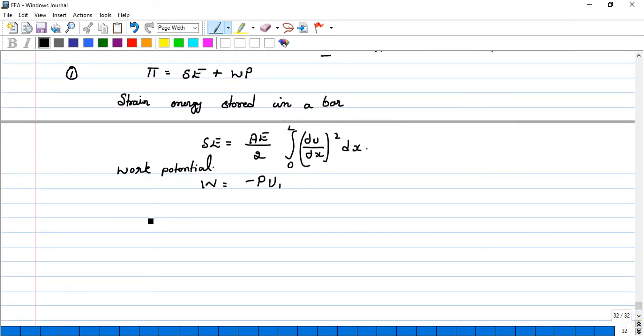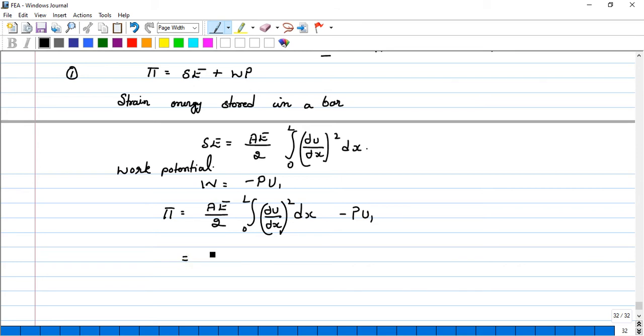Now, let me substitute these two values in the potential energy functional. So that is given by potential energy is equal to AE by 2 followed with integration from 0 to L ∂u/∂x whole square dx minus P U1. Okay, this will be the potential energy functional. So let me substitute the values.